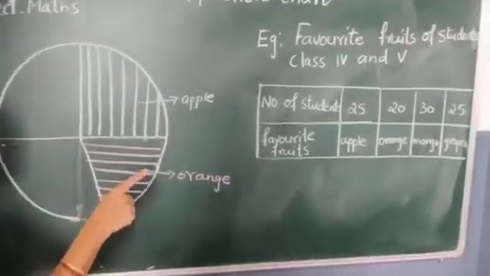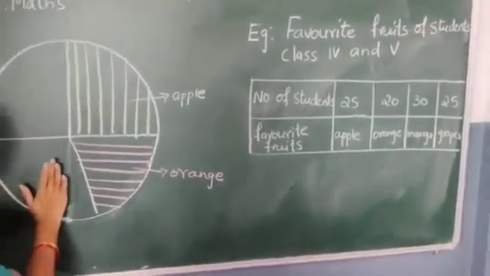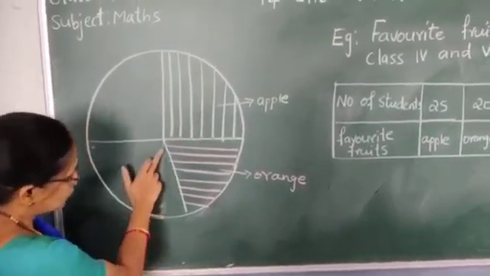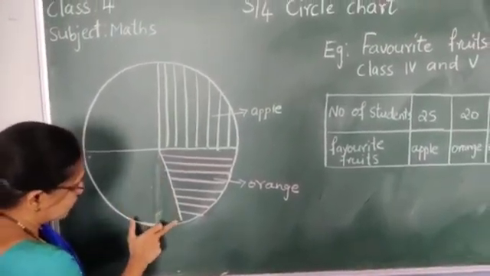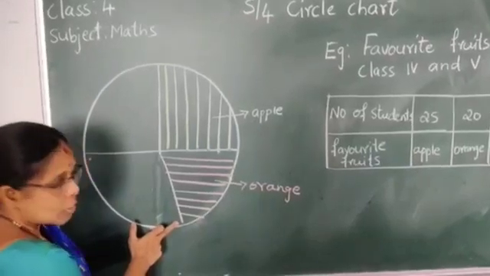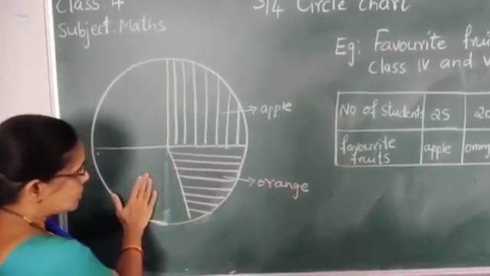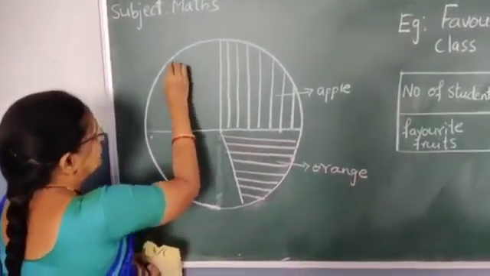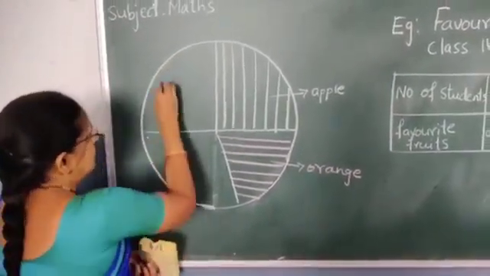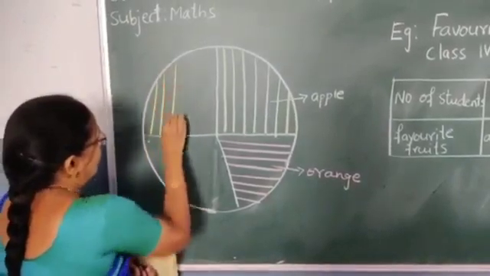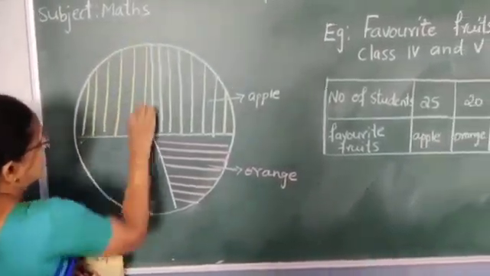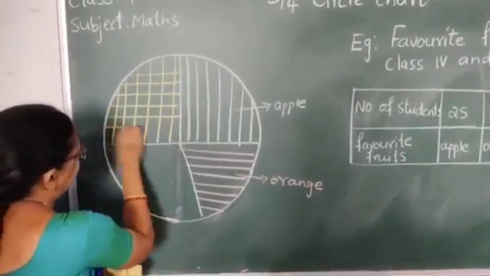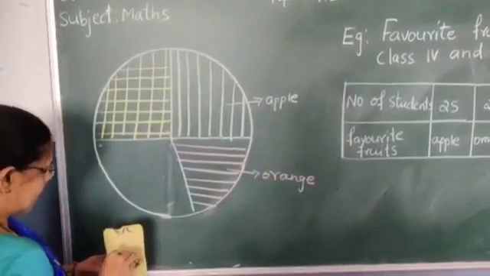Next, 30 students like mango. This is 25. This is 30. Okay, here you have to make it less, no, children. This is 20. We have taken here 20. So this part is how much? 30. So now 25 is grapes.